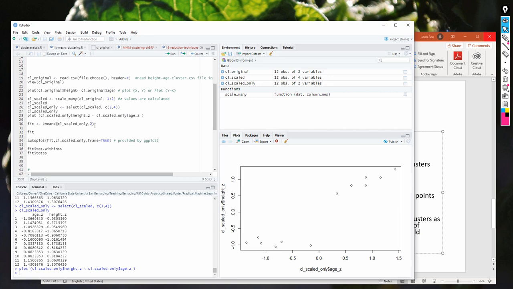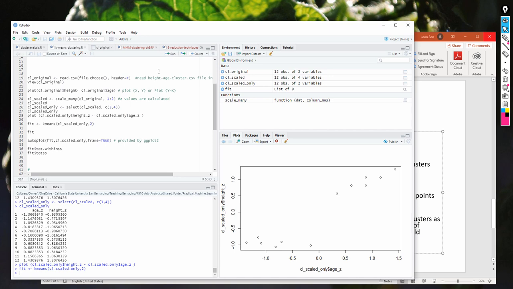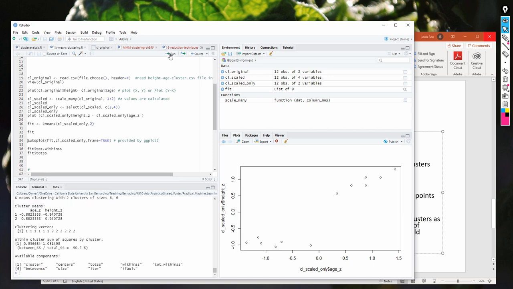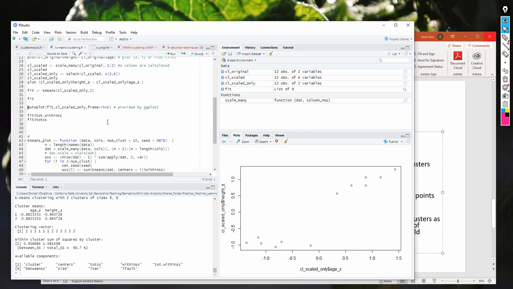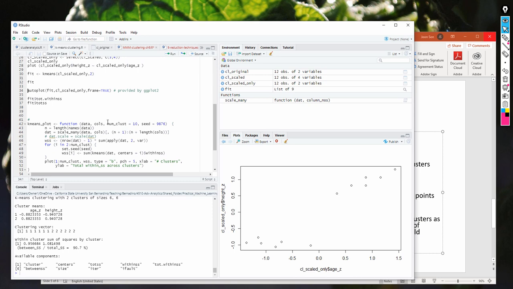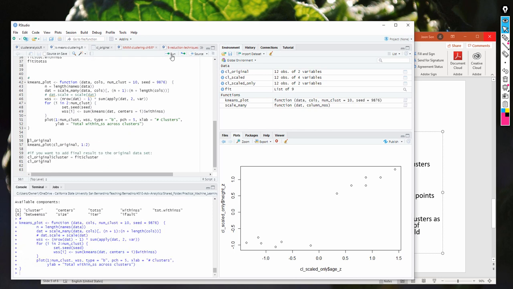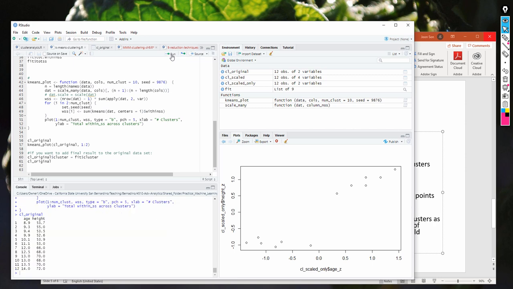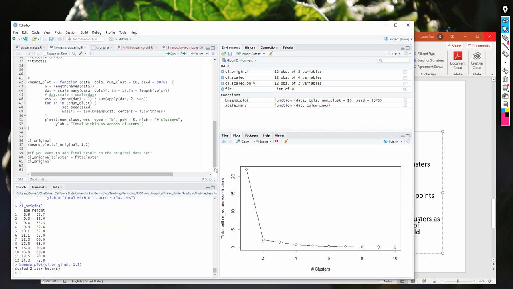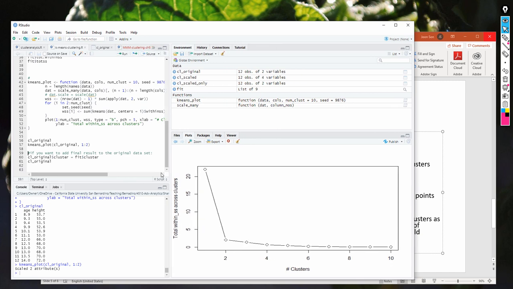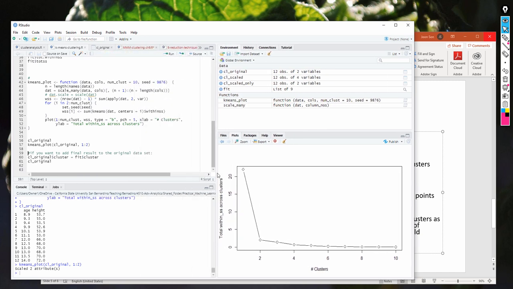I want you to just focus on the concept. Let's run this, and then fit. Okay, so this is the one. Don't worry about the implementation at this point. Just let's take a look at this plot.